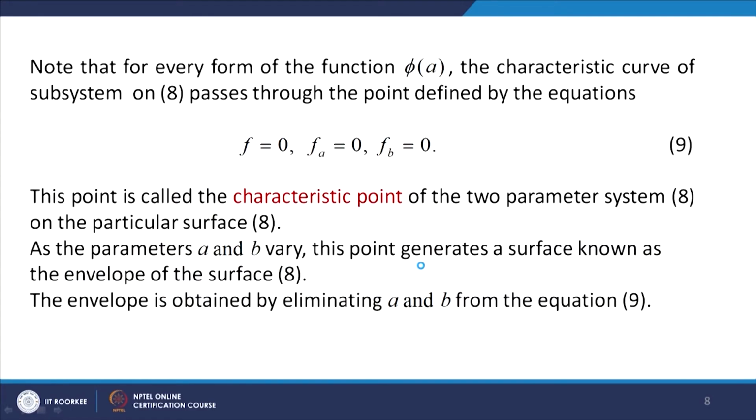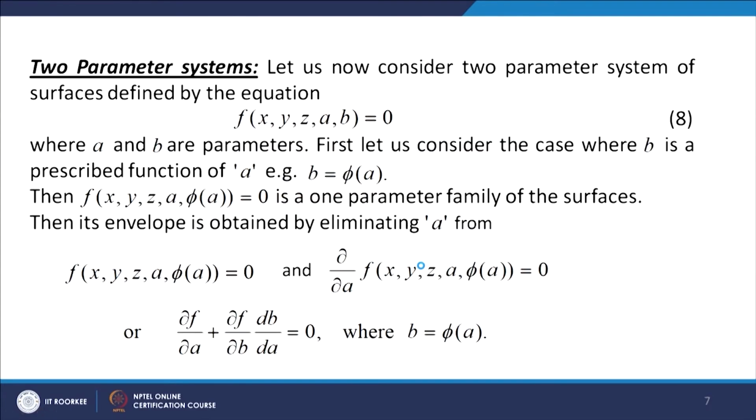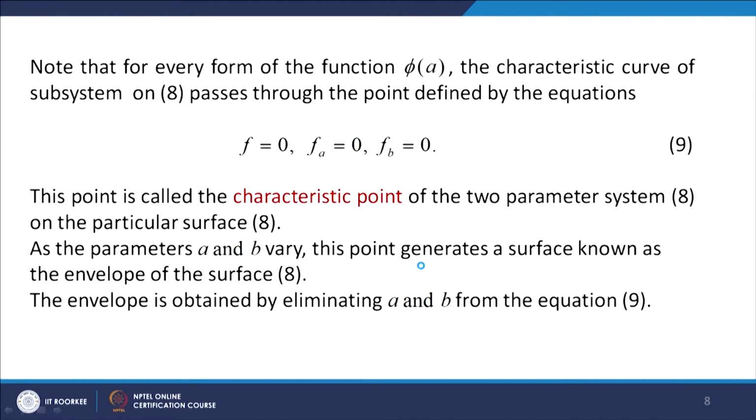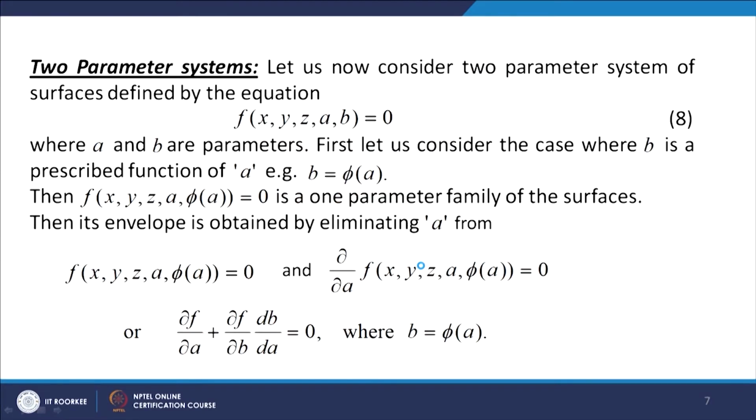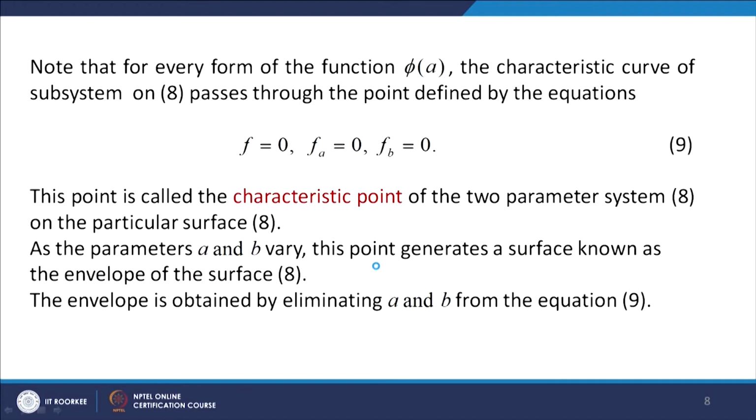Now, note that whatever be the function phi(a), the characteristic curve of the subsystem on the surface is obtained by this equation and this equation. The two equations together determine the characteristic curve. So, the characteristic curve of the subsystem passes through the point defined by the equations f = 0, f_a = 0, f_b = 0.